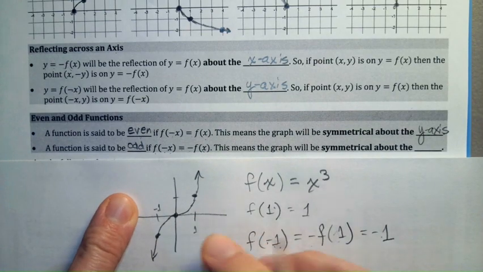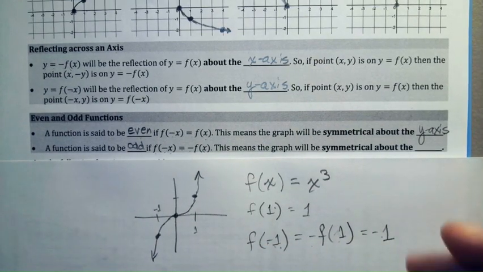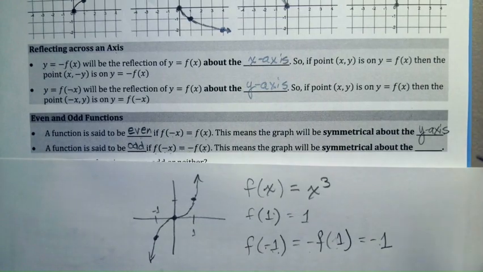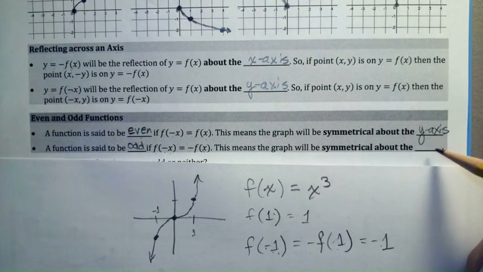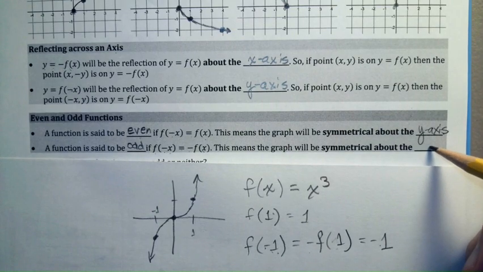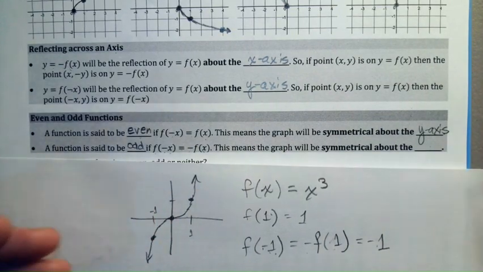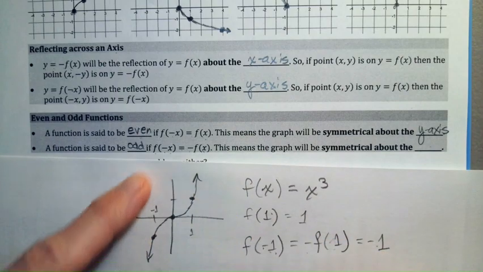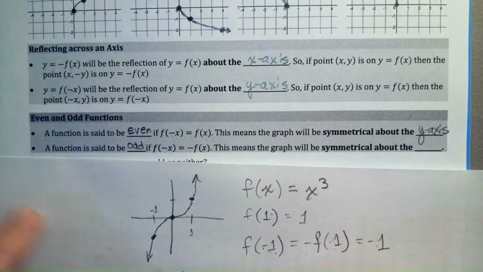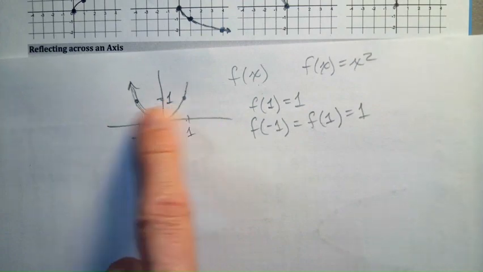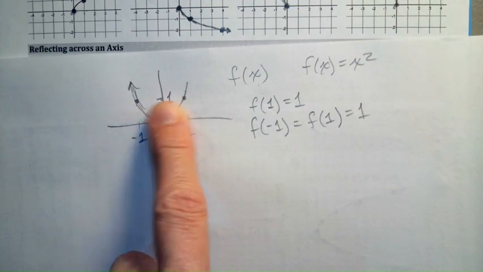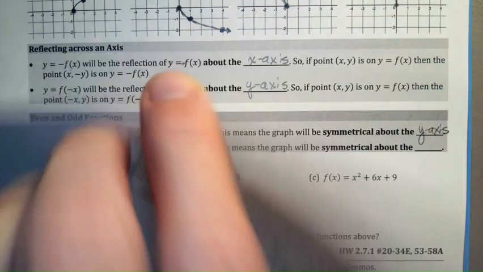Visually, you can see that it's symmetrical, not about the x-axis, because this one was symmetrical about the y-axis. You might guess that, oh, well, then this one's going to be symmetrical about the x-axis, but it's not, right? This function does not reflect on itself. This one reflected on itself across the y-axis.